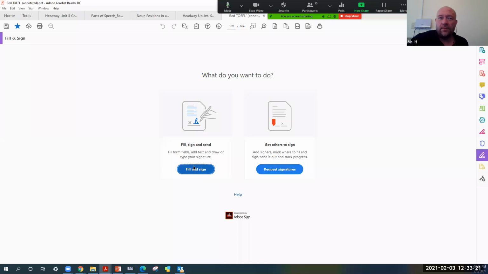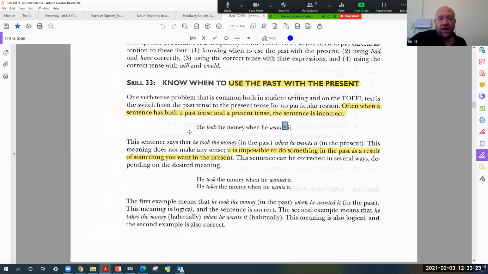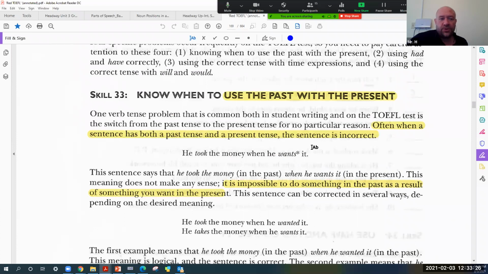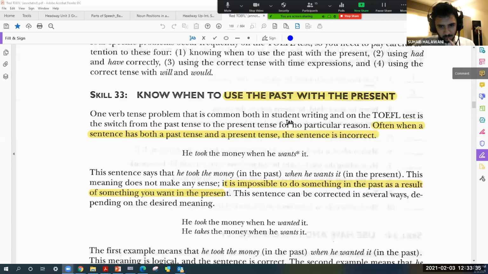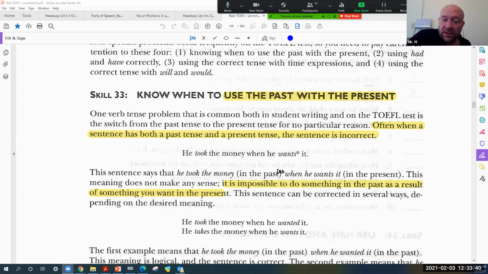If you see this asterisk, this star, there's a mistake. Something is wrong. So what is the problem? Suhaib Halawani, do you see the problem? Must be past. So let's think about the meaning. What does that mean? He took the money. It's verb 2, in the past.